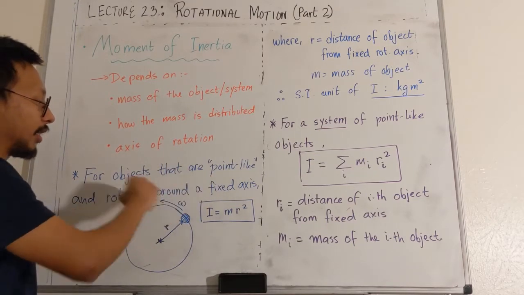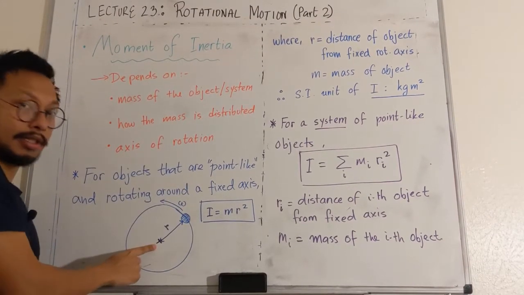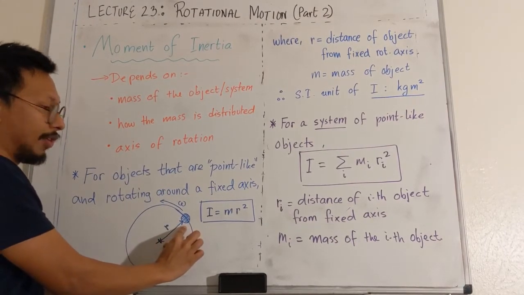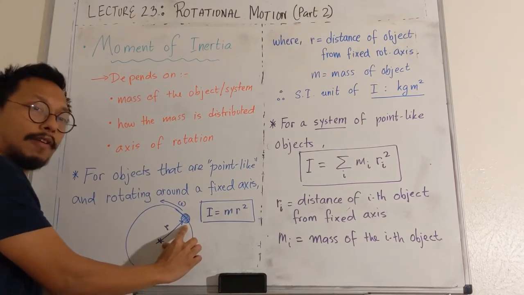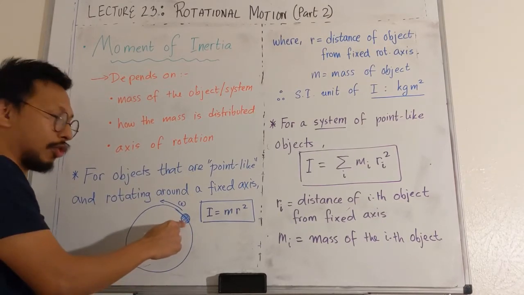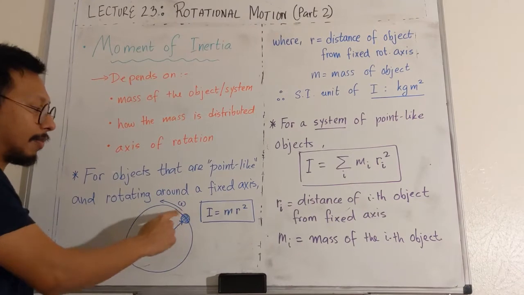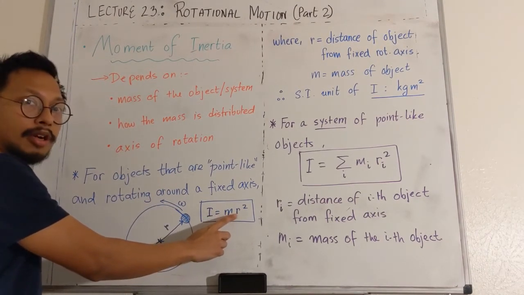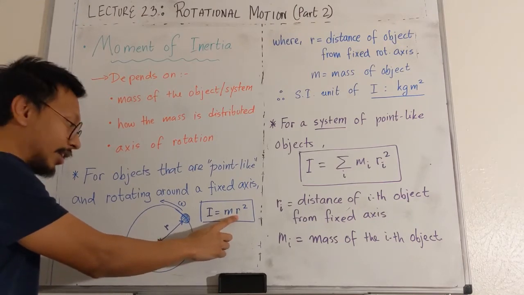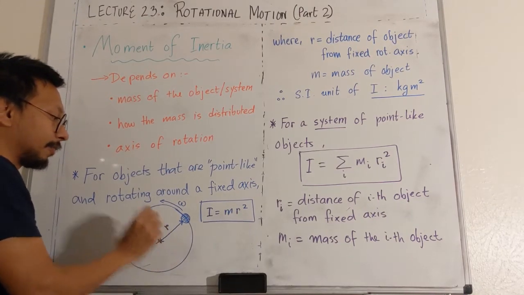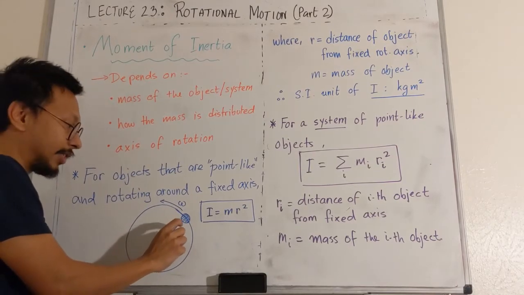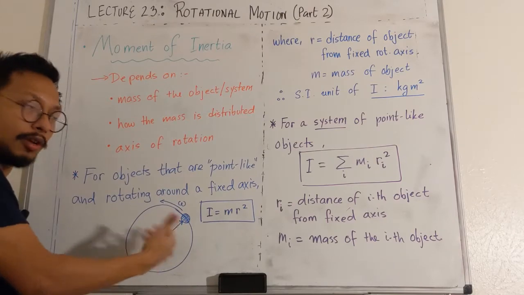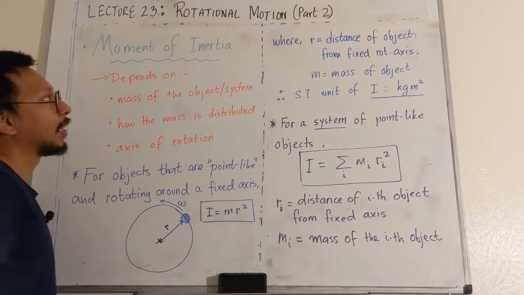And if that object is rotating around a fixed axis x like this, then the moment of inertia is determined by the distance from the fixed axis of rotation to that object and the mass of the object. I equals mass times radius squared. It is not actually the radius, r is the distance from the fixed axis to the object. In this case, this seems to be the radius of the rotating object.